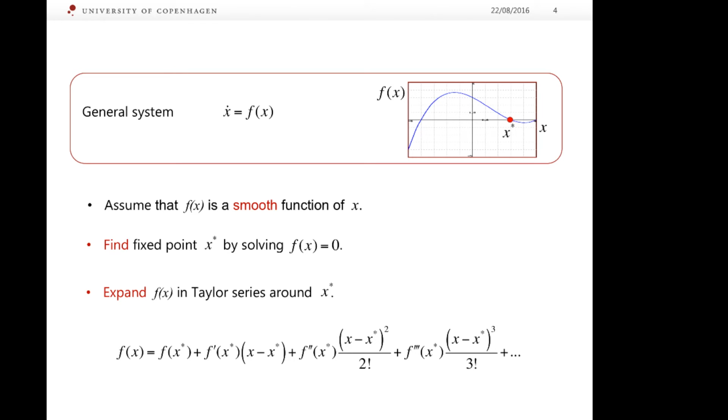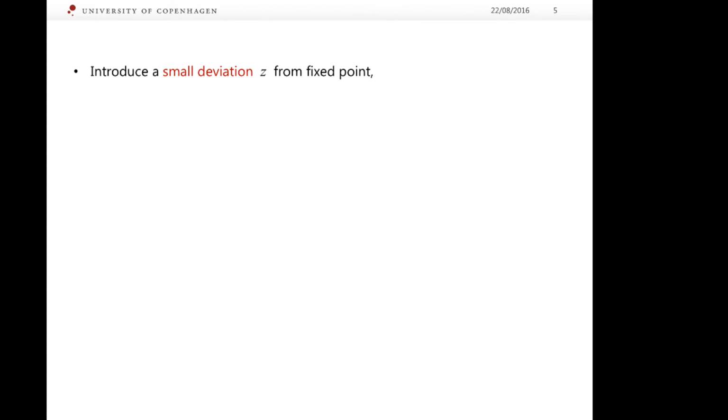The Taylor expansion reads as follows. We observe that this expansion contains a linear term, which is x minus x star, and some higher order terms: x minus x star squared, x minus x star cubed, and so on. We remember that to analyze stability of the fixed point, we need to place our initial conditions at some distance from the fixed point, and this distance should be small.